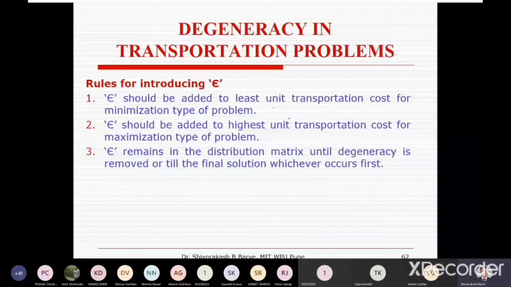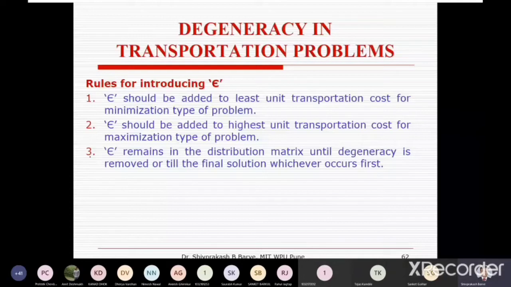Epsilon should be added to the highest unit transportation cost if it is a maximization type problem. But mostly transportation is the minimization type. The epsilon remains in the distribution matrix until degeneracy is removed or the final solution occurs, whichever is first.